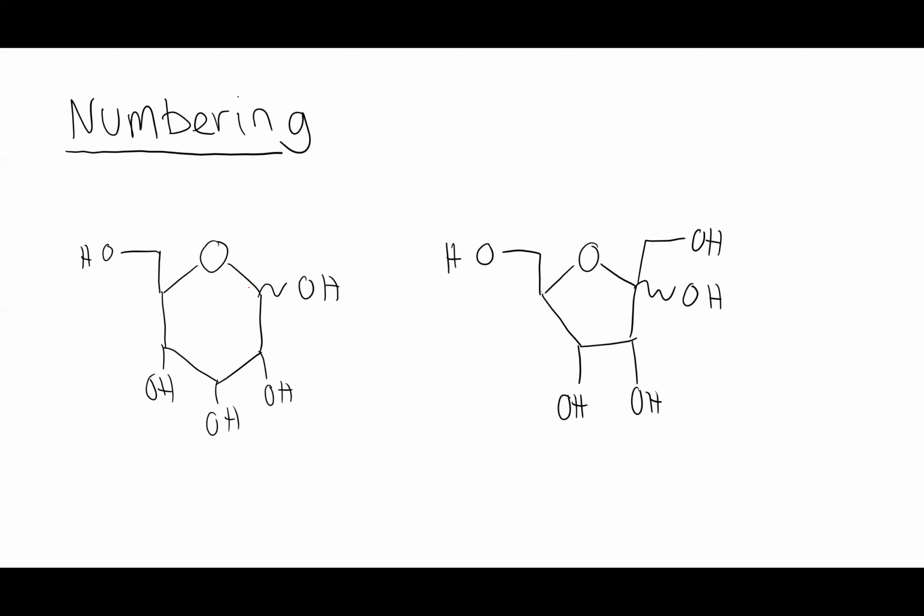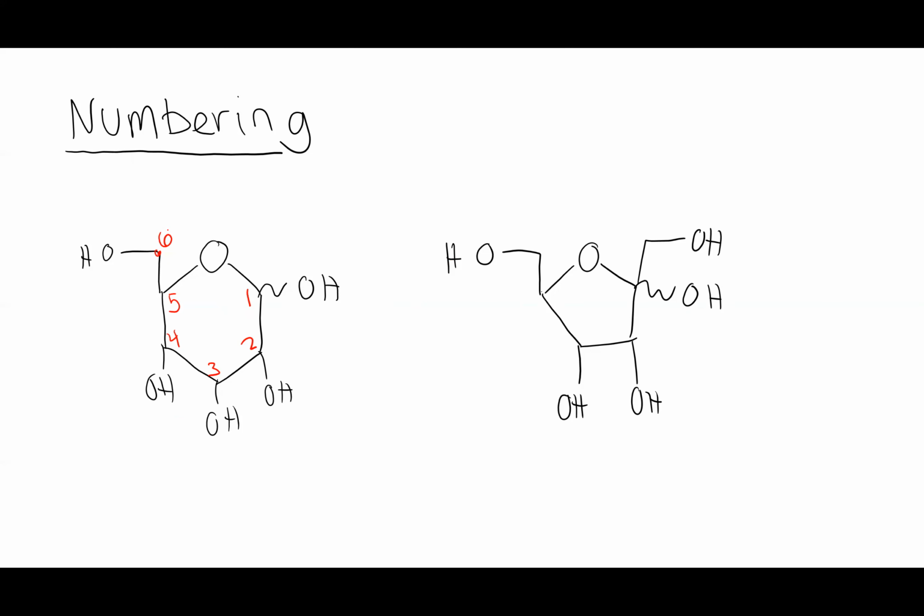So we always start with the position to the right where the anomeric carbon is as the 1 position. And then every carbon after that is going to be numbered in sequence. And don't forget that the CH2 group is a carbon. So there are 6 carbons in this ring, and their numbers are 1 through 6.